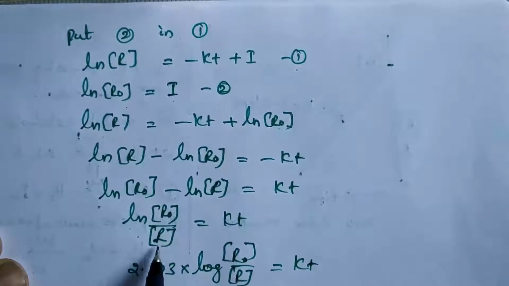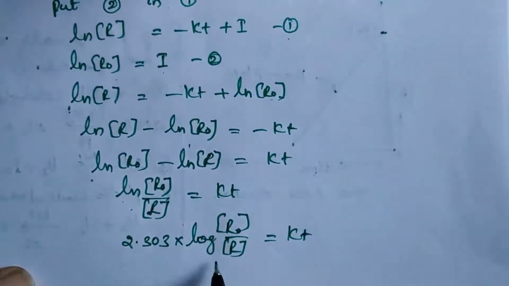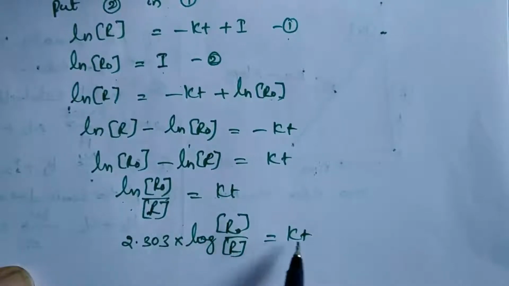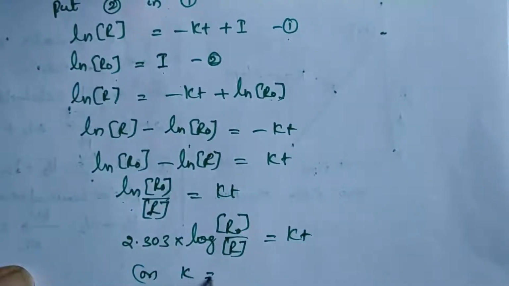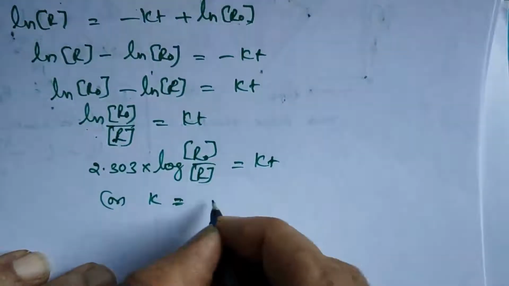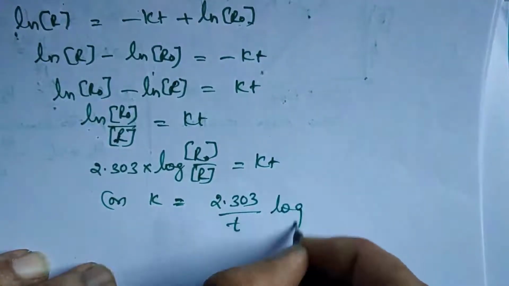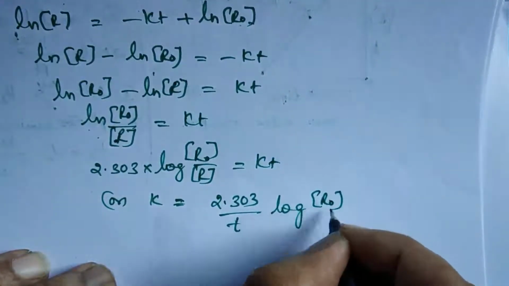That means natural logarithms are converted into common logarithm, that is in the base 10 form, by multiplying with 2.303. So 2.303 into log R0 by R equal to kt, or k is equal to, we are deriving the rate constant for the first order reaction. So k is equal to 2.303 by t into log R0 by R.